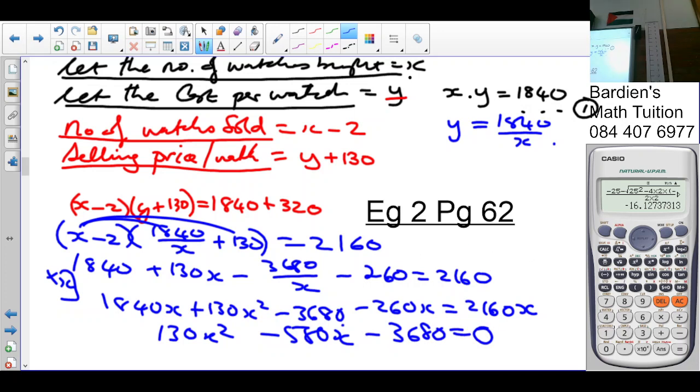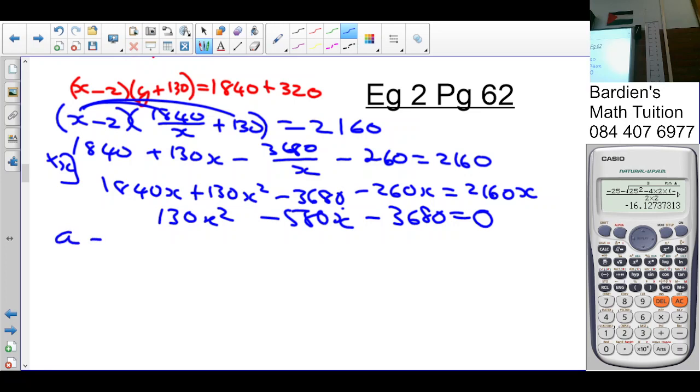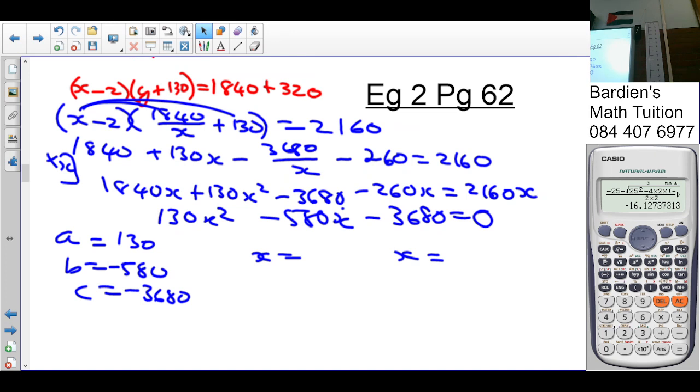So from there, it's just a matter of solving the quadratic equation. C is negative 3680. So X works out to be one of two values. It's minus b, so minus negative 580, plus the square root of negative 580 all squared minus 4 times a, which is 130, times c, which is negative 3680, and that's over 2a, which is 260.